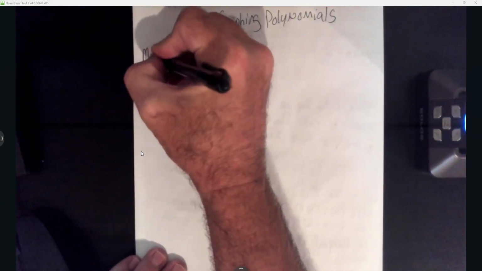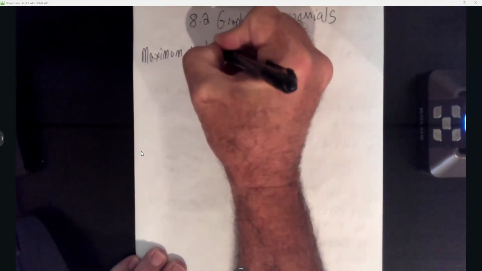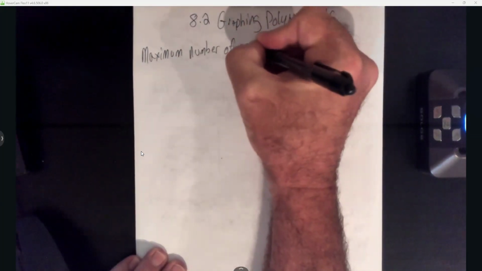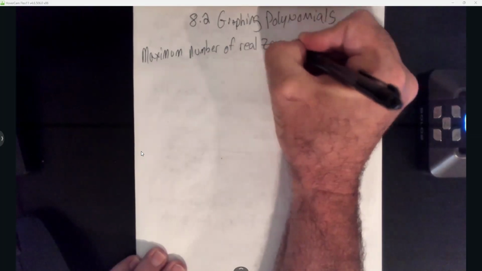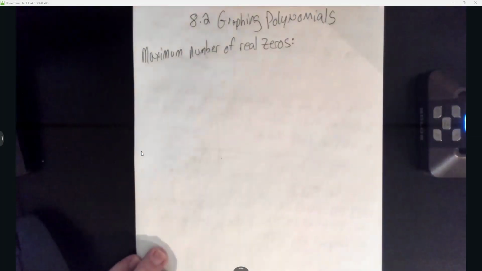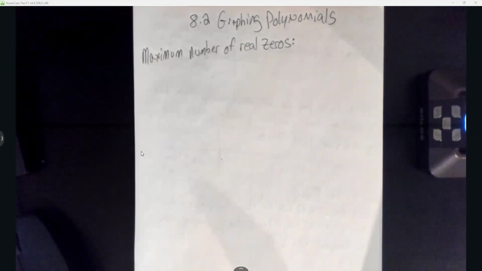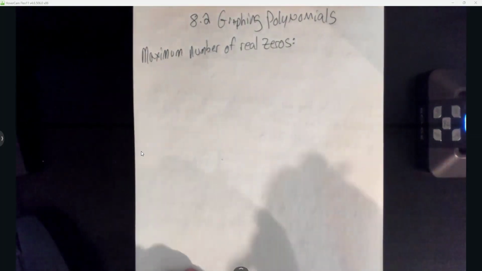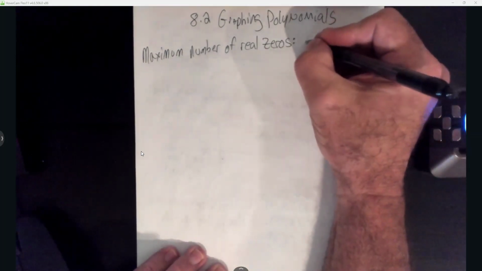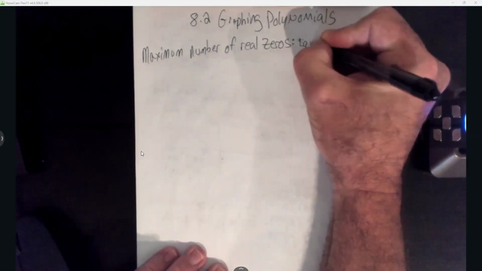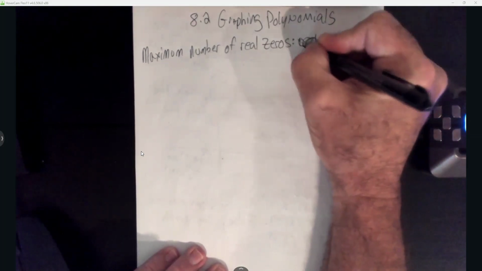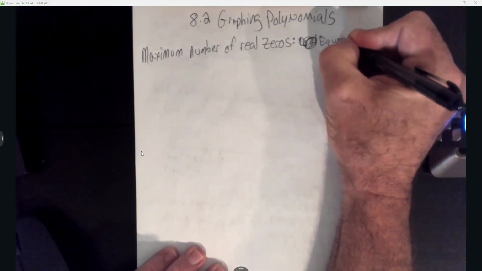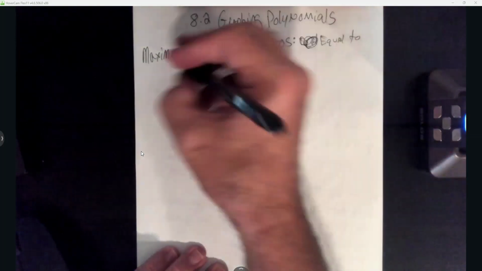So for a polynomial, the maximum number of real zeros is equal to the degree.